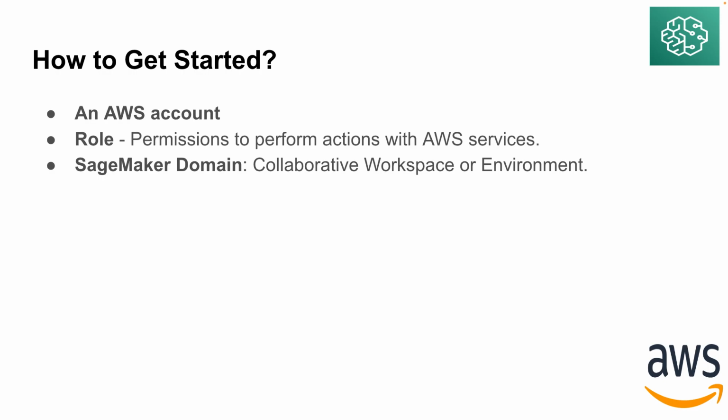That's the place you keep all your code related stuff. It's a collaborative workspace or environment where other team members can see what you're doing. And again, it can be at a private level, it can be at a shared level. So it's basically a workspace or an environment. I'll also show you how to create a domain in upcoming videos.